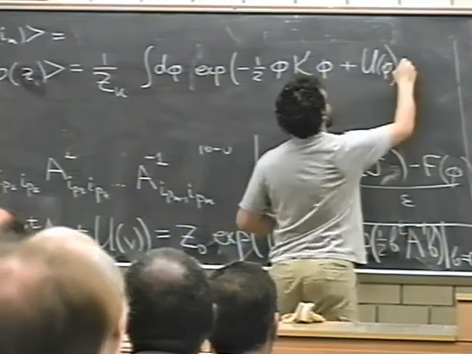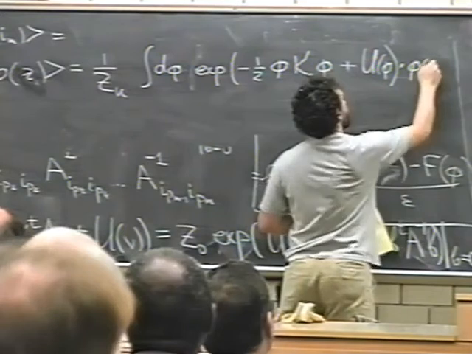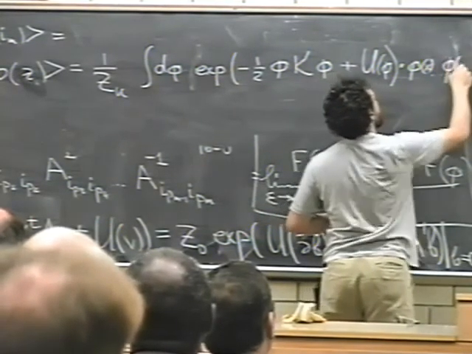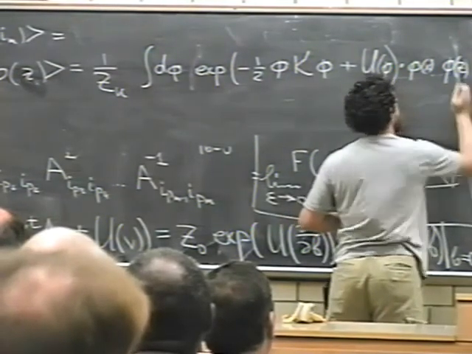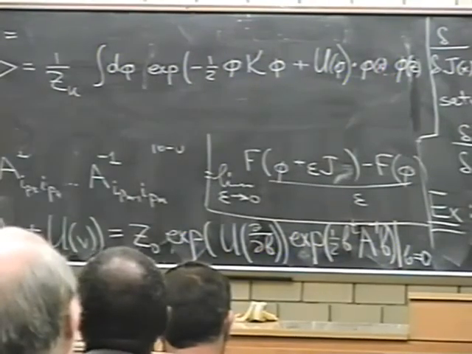And now in addition to that, I take the product with phi x, etc., phi z. So these are the correlation functions.